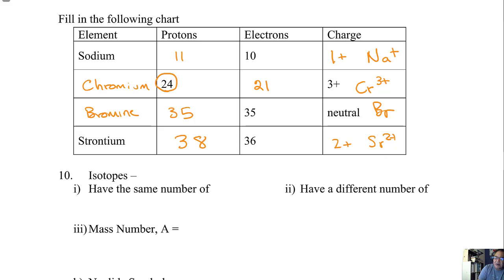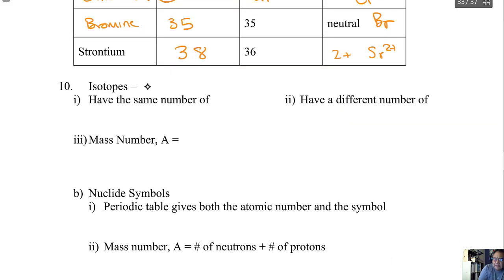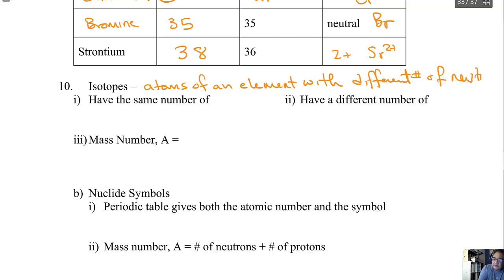So isotopes are atoms of an element with a different number of neutrons. Okay, so have a different number of neutrons is what I meant to put down here. They have the same number of protons, though, because they're atoms of the same element.